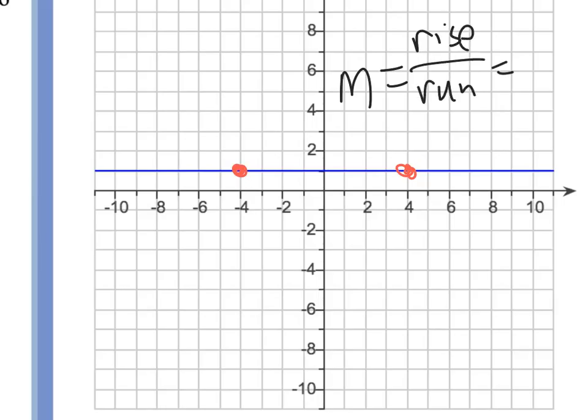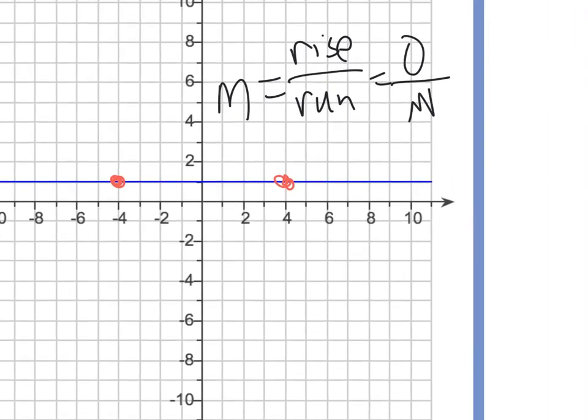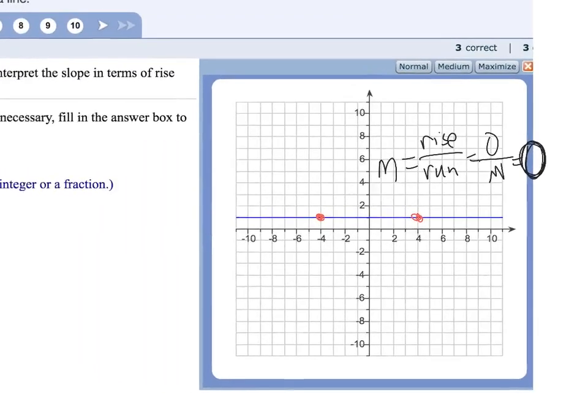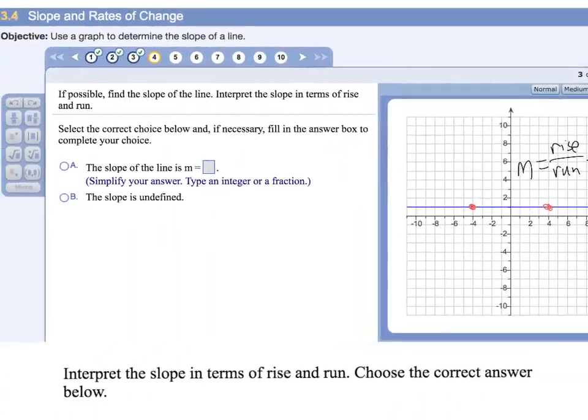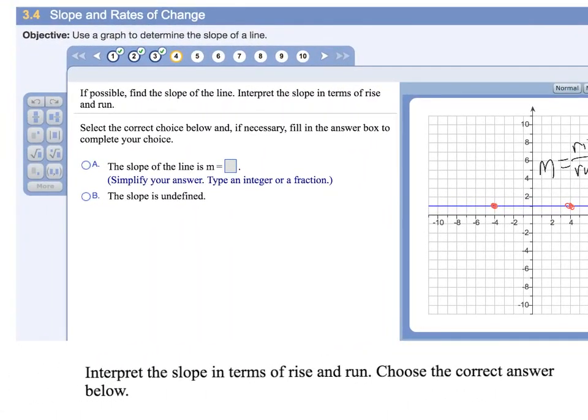Well, the rise is 0, so it doesn't matter what the run is. So we know automatically that the slope of this line is 0. So in this box, you would say the slope is 0.